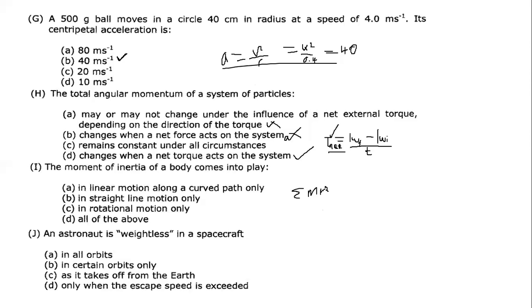Whenever we talk about radius, we talk about a circle; only a circle can have a radius. If you throw a ball in the air and it's not rotating, its moment of inertia will not be considered.